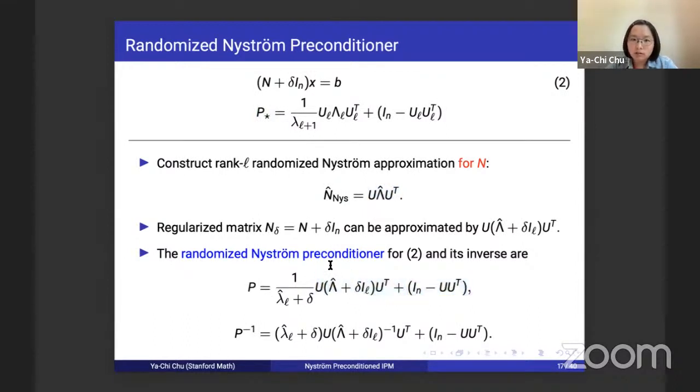The only difference worth mentioning is the lambda L plus 1 in the optimal preconditioner, but we only use the L largest eigenvalues for our preconditioner. Why is this the case? This is not a typo. Optimally we want the L plus 1 largest eigenvalue, but we don't know that information in practice. So we just take the closest number to that, and we put it here.